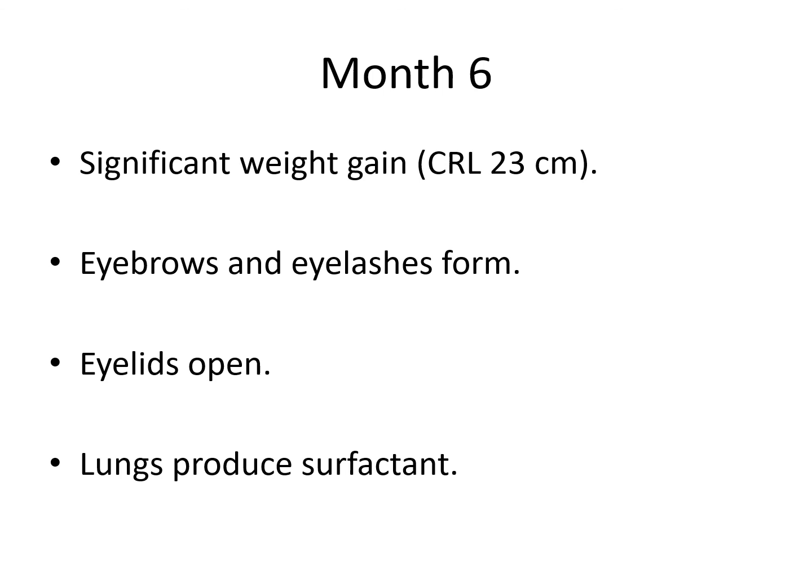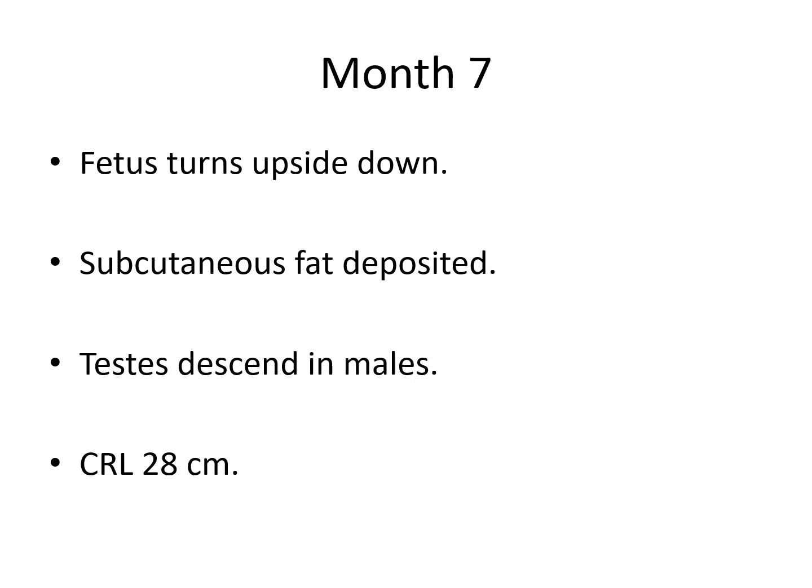The eyebrows and eyelashes form, eyelids open, and lungs begin producing surfactant. By month 7, the fetus turns upside down. Subcutaneous fat is deposited. For males, the testes will descend at this moment to outside the pelvic cavity, and the crown to rump length is now 28 centimeters.